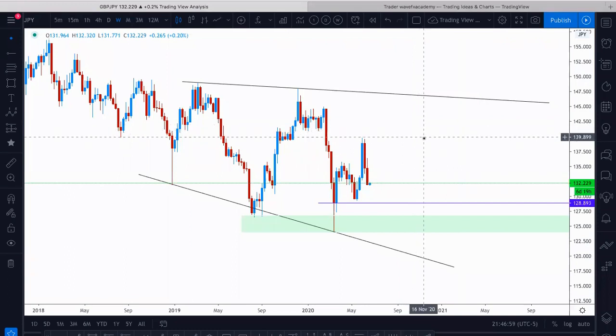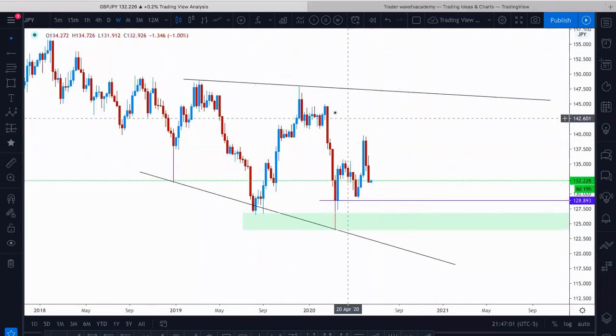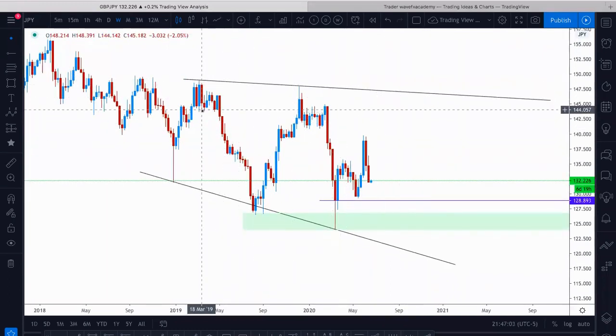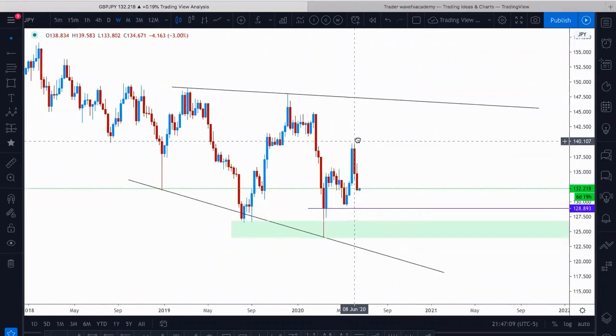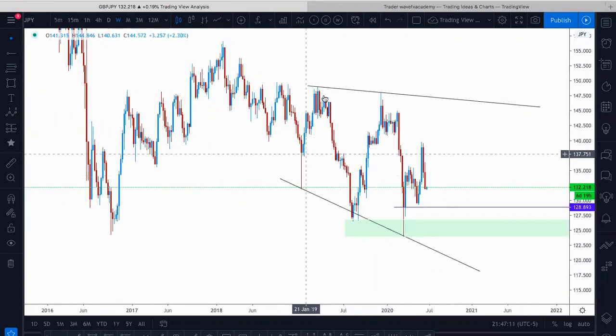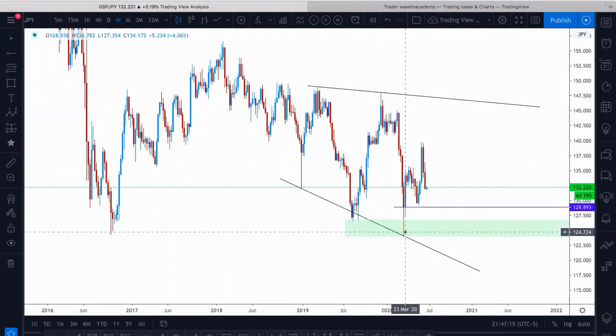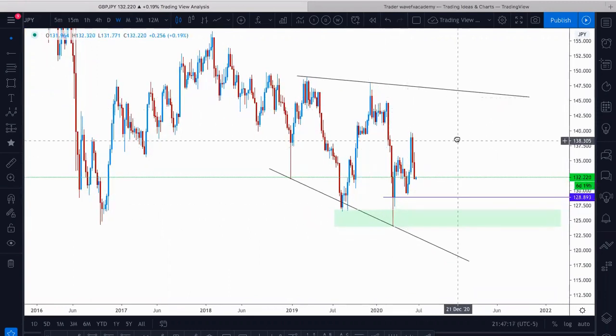So looking on the weekly time frame, you can see where I've highlighted that we have an expanding diagonal structure on the weekly time frame for the pound yen. We have completed, let's say, 1, 2, 3, 4, 5 waves out of that structure.